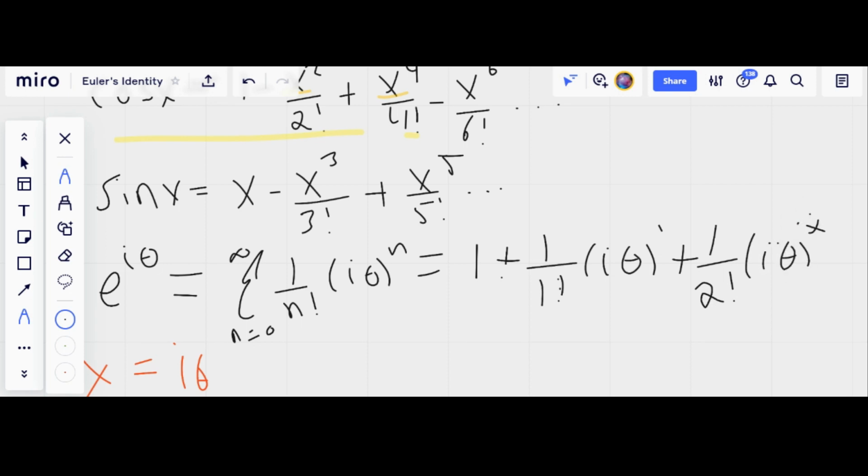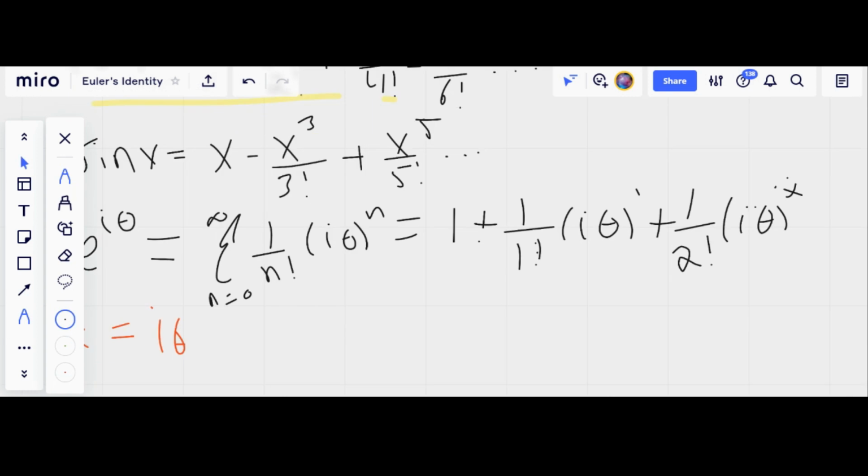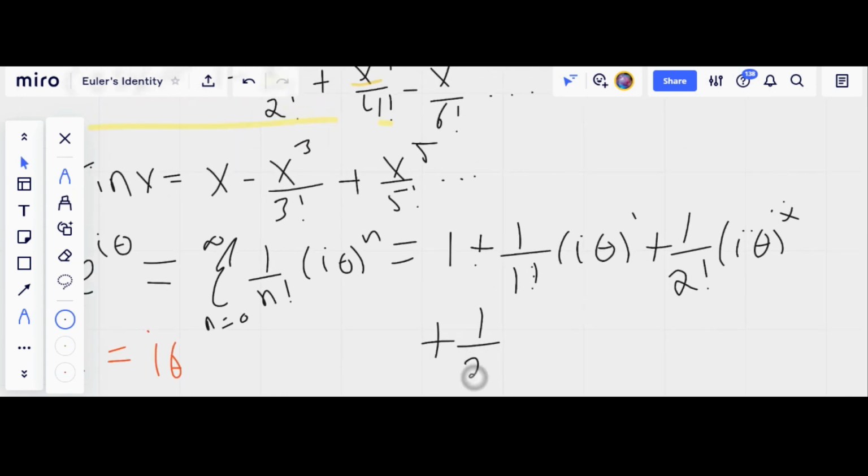And now let's just go ahead and continue it down here. We're going to take plus 1 over 3 factorial times i theta cubed, okay? Dot, dot, dot.